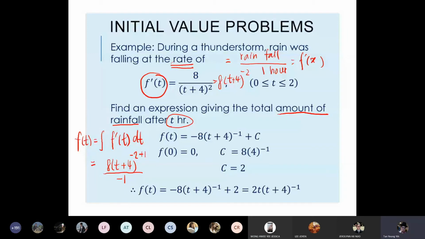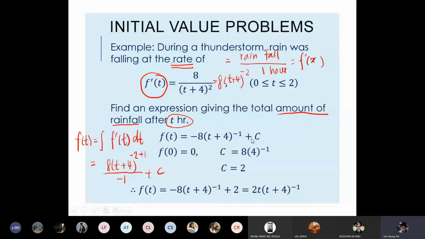Actually, this is a chain rule, but for this question, we don't have to worry, because when we differentiate the inside, we still get 1. So this is the answer, plus c. We get -8 times t plus 4 to the power of -1, plus c.